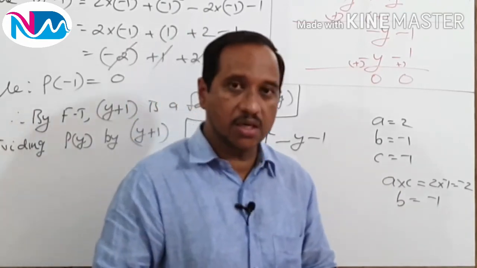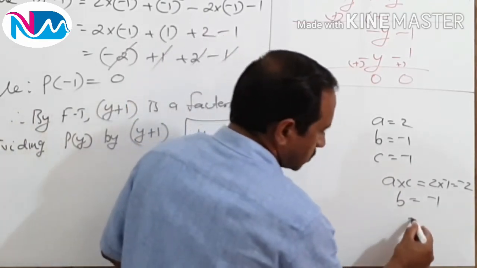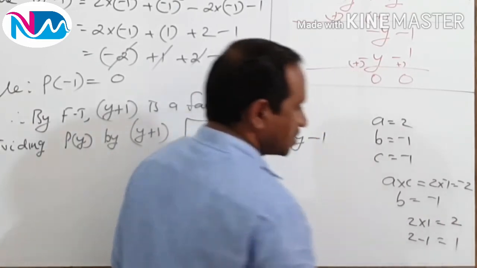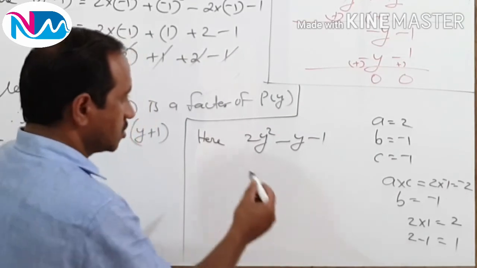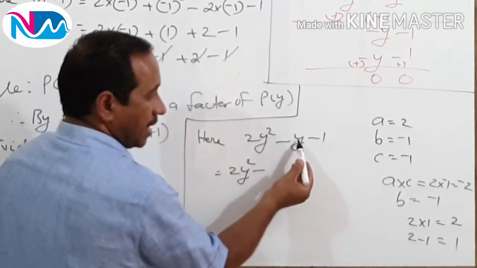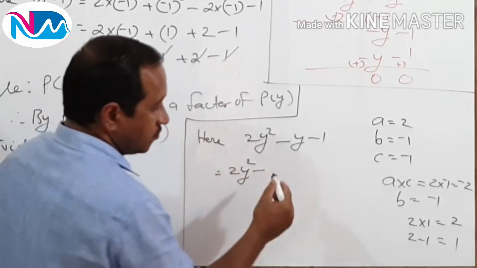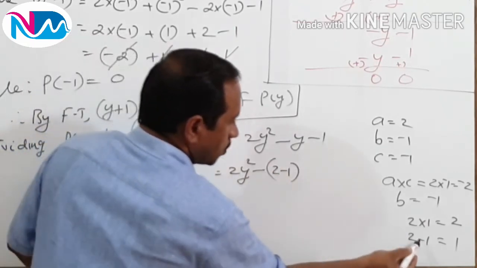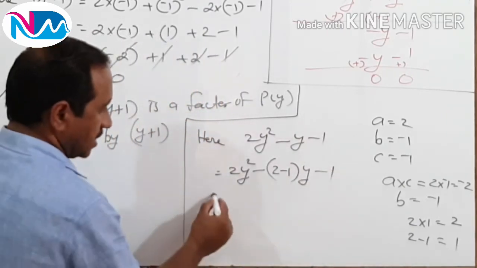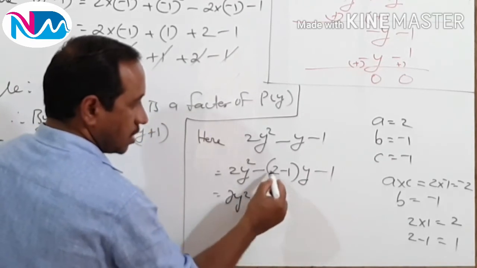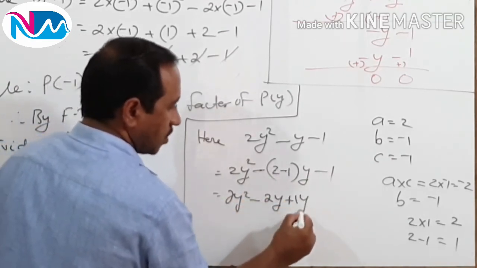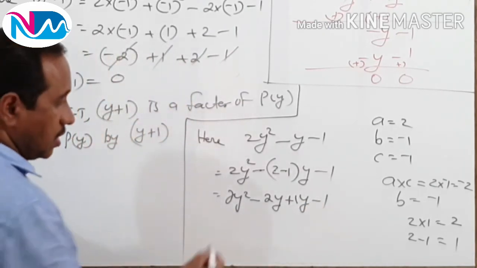The two numbers are 2 and 1 because 2 into 1 is 2 and 2 minus 1 is 1. So we are going to write this as 2y square minus y, means minus 1y, which will be written as 2 minus 1 into y, minus 1, that is 2y square minus 2y plus 1y minus 1.